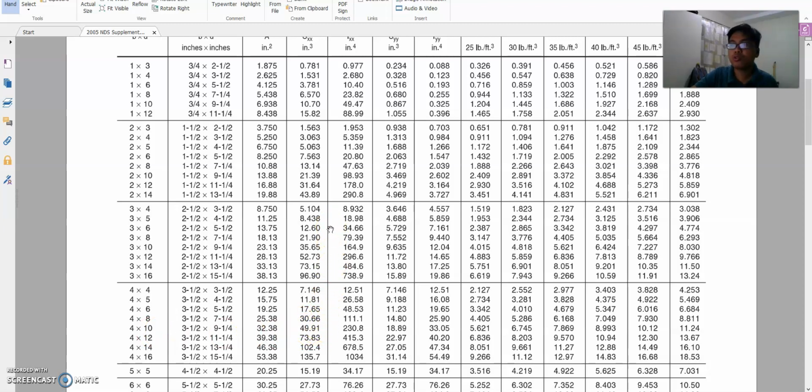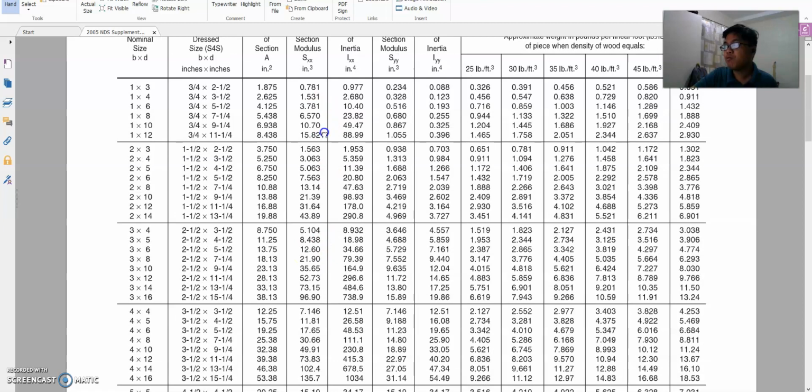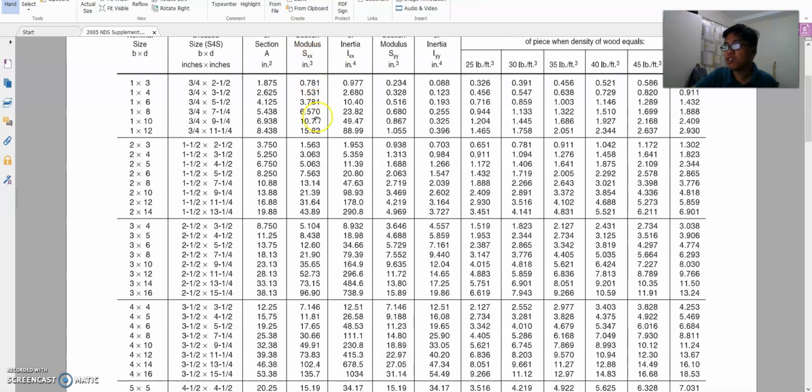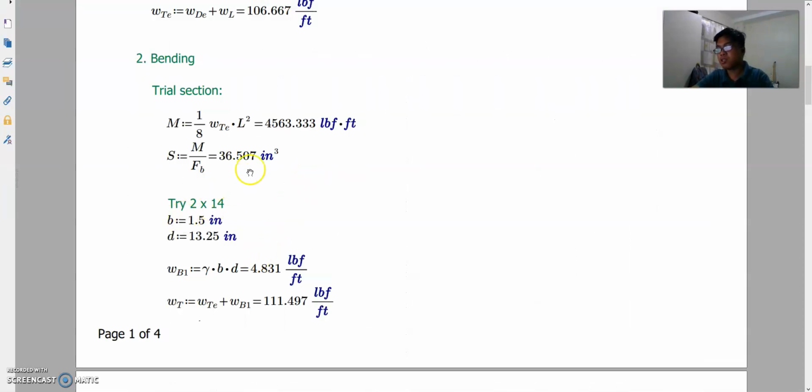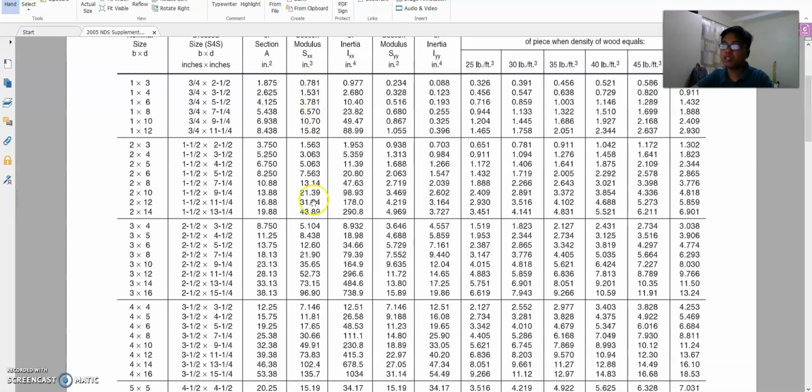Now, from those choices, which should be the trial section? Even if we're checking the SX, of course, the governing quantity would still be what? The weight of the beam. Because we want to find an economical beam. Okay, the SXX is just a criteria that we would know which are the appropriate beams.